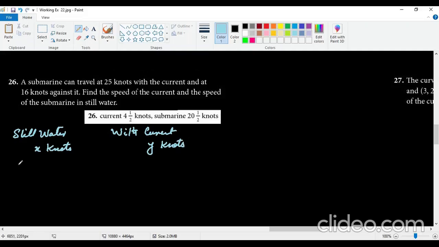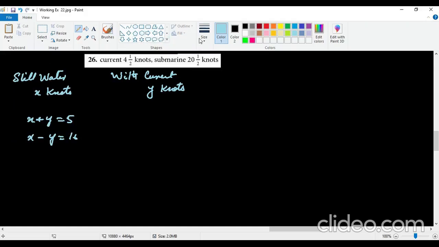Now with the current, x plus y is going to be 25, and still water it is 16. So I can see these are two simultaneous equations, and we don't need to change the sign. They are already different.